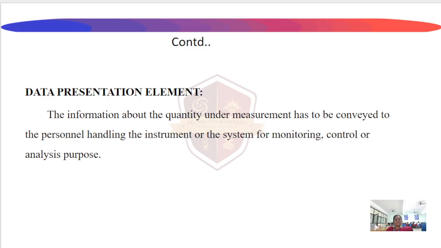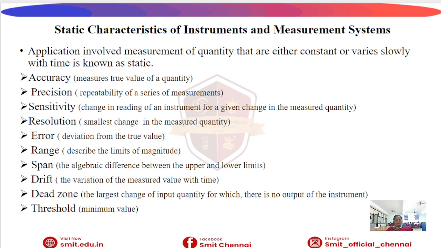The data presentation element presents the final output in a form understandable by humans. It may be an analog pointer, digital display, strip recorder, or computer screen. It enables the user to observe, analyze, and control the system.